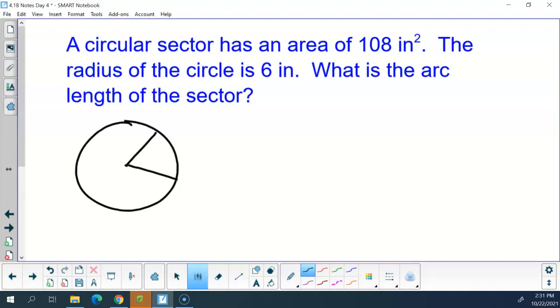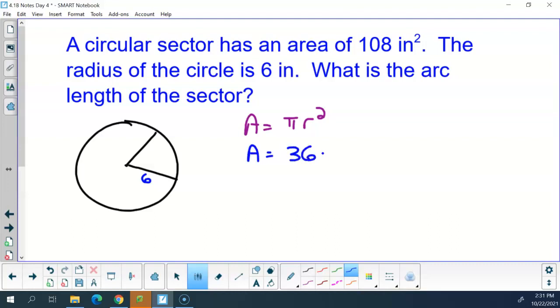What's the area of a circle? Pi r squared. So what's the area of this circle? It's 36 pi, right?